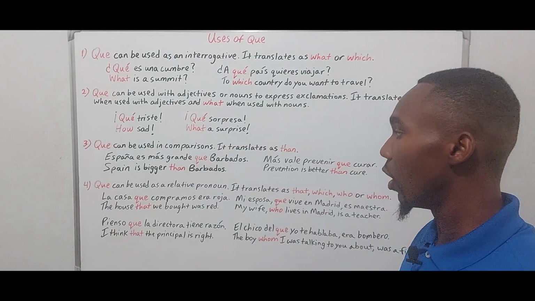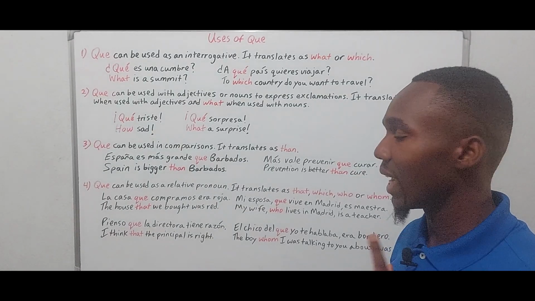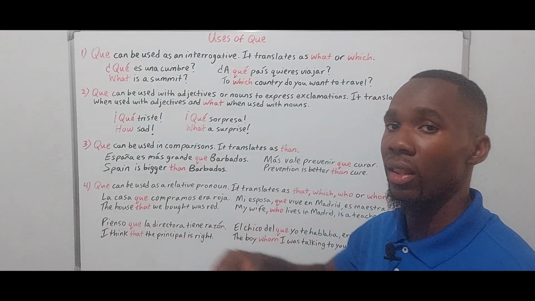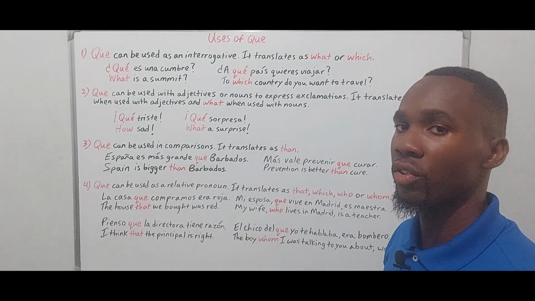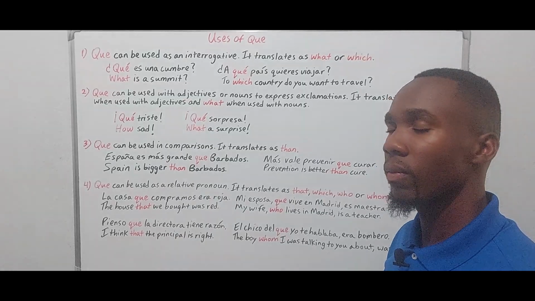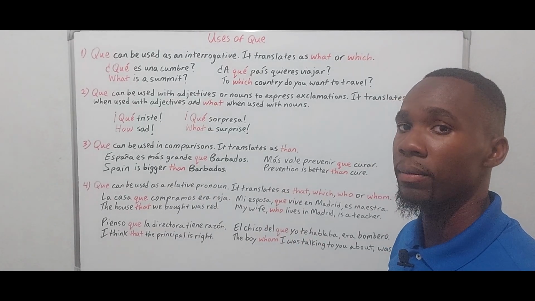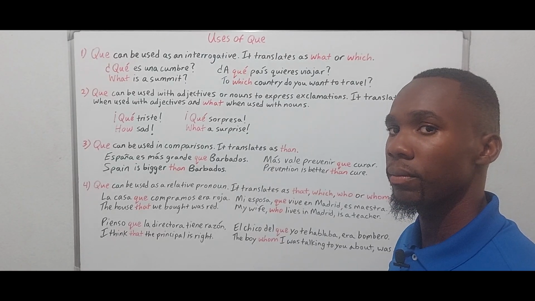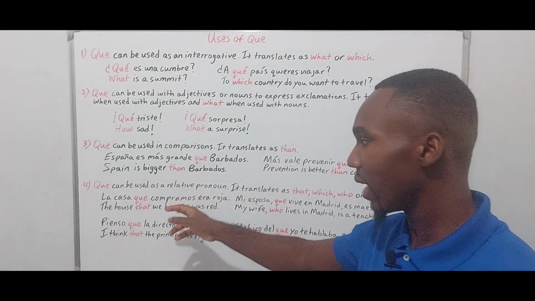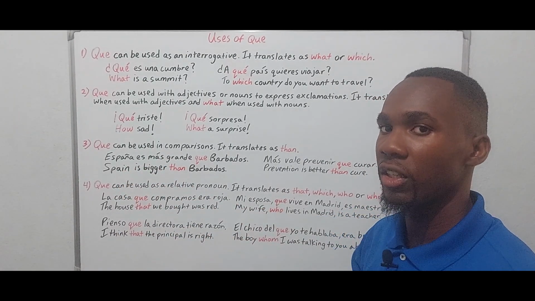The house that we bought was red. But it is worth noting that in English, we can remove the that. It's not mandatory. We can say the house we bought was red. That's fine. But in Spanish, we must use the que. So that is just identifying the house and providing further information.